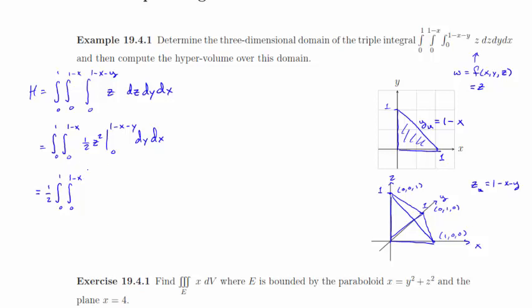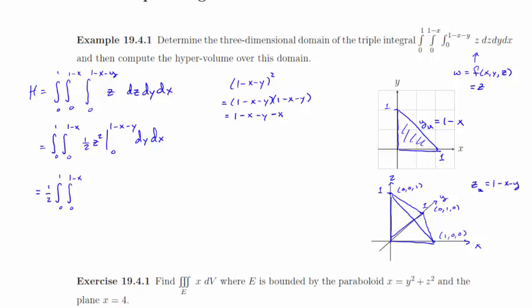So just for the sake of saving a little bit of space, I'm going to do 1 minus x minus y quantity squared, which we know we need to put in here. This is going to equal 1 minus x minus y times 1 minus x minus y, which equals 1 times 1 is 1, minus x minus y. And we take the negative x and multiply it by everything.